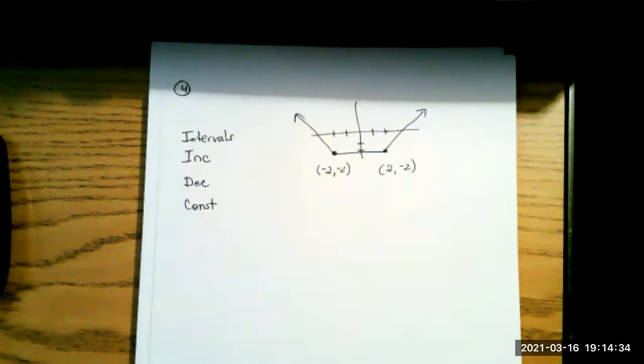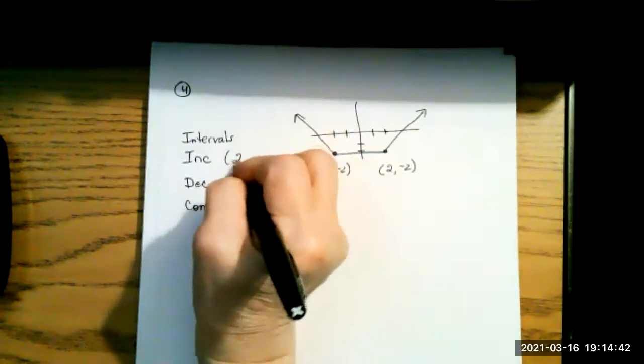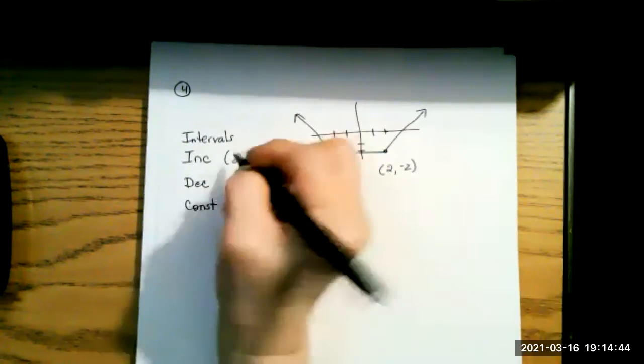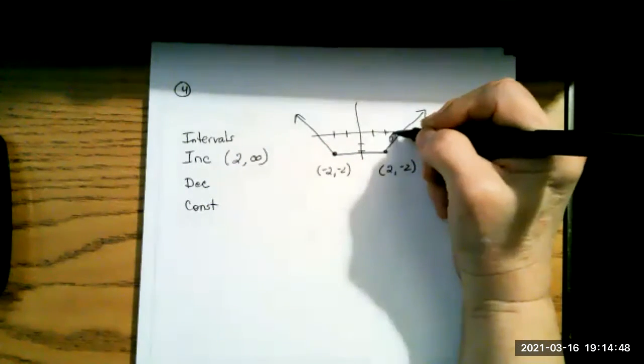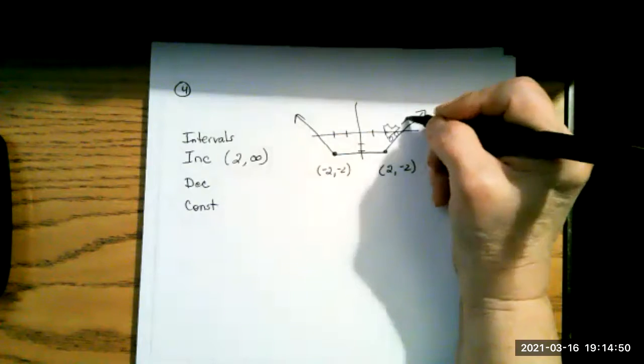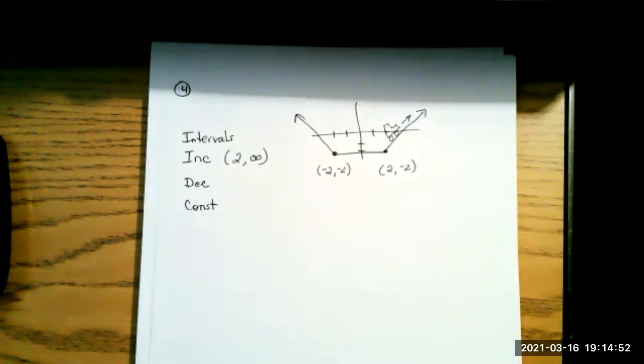Increasing is parentheses 2 and then positive infinity. That's correct. Good job. And it would be this little segment right over here. That's where it's increasing.